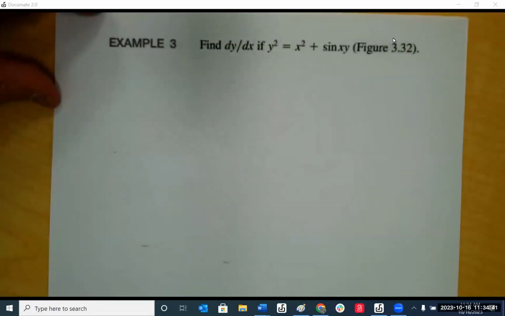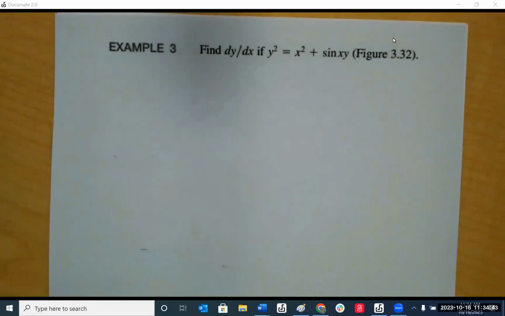Example 3. Find dy dx if y squared equals x squared plus sine xy. So we have to use the chain rule.